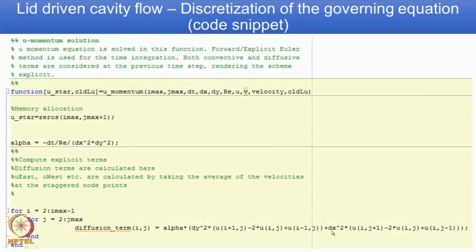Hence, we have delta x squared multiplying the finite difference of dou squared u by dou y squared, as shown here. So, u i comma j plus 1 minus 2 times u i comma j plus u i comma j minus 1. So, this is actually central differencing, one is the point of interest, one on the right side, one on the left side.